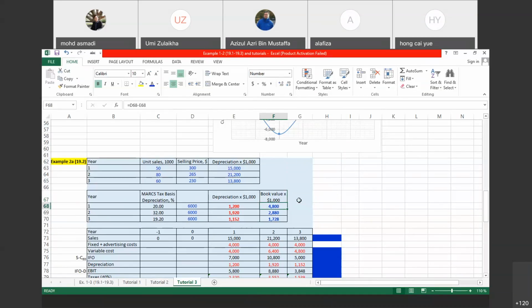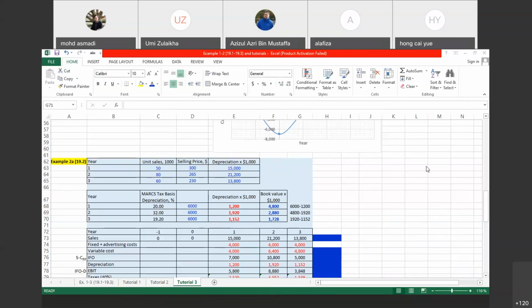So 6,000 minus 1,200, you get 4,800, and this is the original. 4,800 minus 1,920, and then 1,920 minus 1,152. This is the book value, not only for the second or third year, it's for all years.